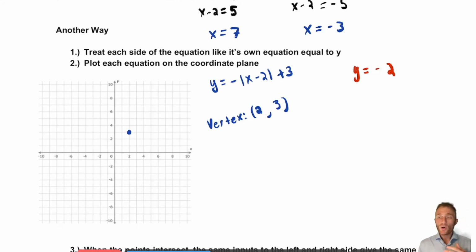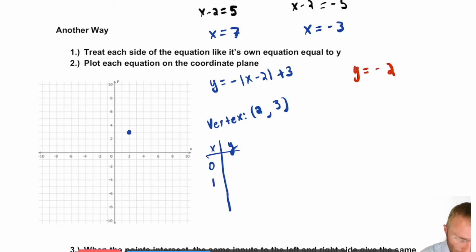Now, in the rest of the unit, we're going to work on doing these really quickly. You know right now how to make a table of values, right? You would check what happens with x and y, two places to the left, like at 0 and 1. At the vertex we already know is 3, and then two places beyond, say 3 and 4.